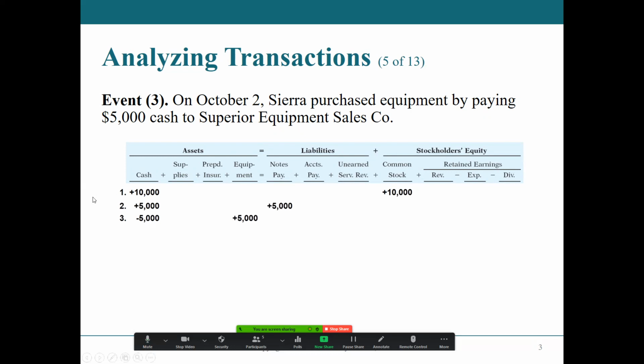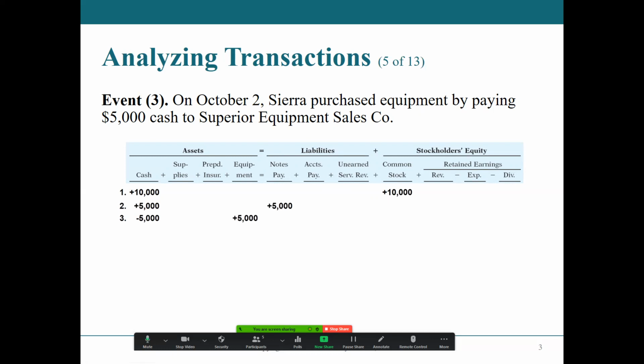So again, I have 15,000, minus 5 makes 10,000, plus 5,000 gives me total assets of 15,000 and total liabilities and stockholders' equity of 15,000. All we mean when we say analyze is ask ourselves what accounts are being impacted and are they increasing or decreasing? That's the first process of recording transactions from an accounting sense.